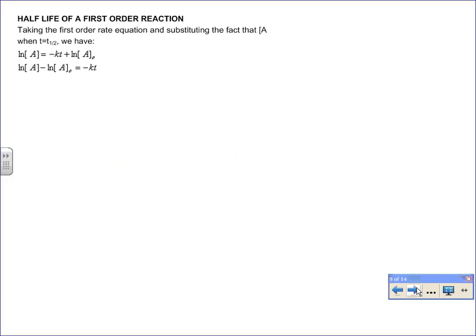For a first order reaction, the linear relationship comes from ln of concentration versus time, and it's got a negative slope of k. So this is the equation of that line. Rearranging that to ln A minus ln A naught is equal to negative kt is what we did in the first step.